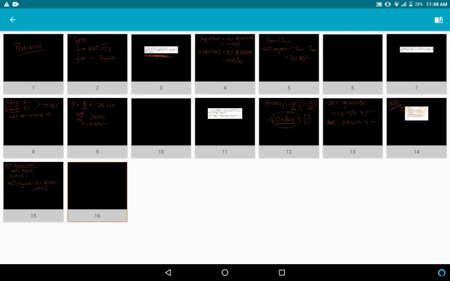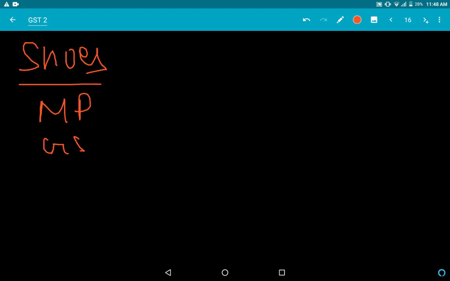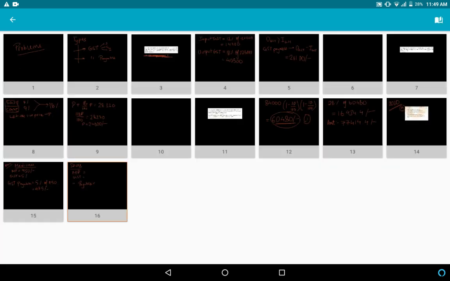Then I've done this, shoes. Then we'll write here shoes. What is my MP? Then GST, then GST payable. If you want full marks, you have to do it like this only. Check it again.